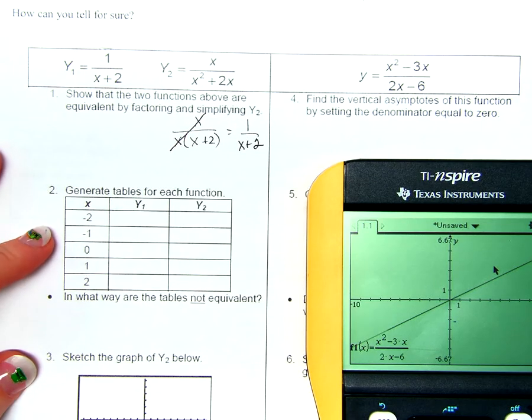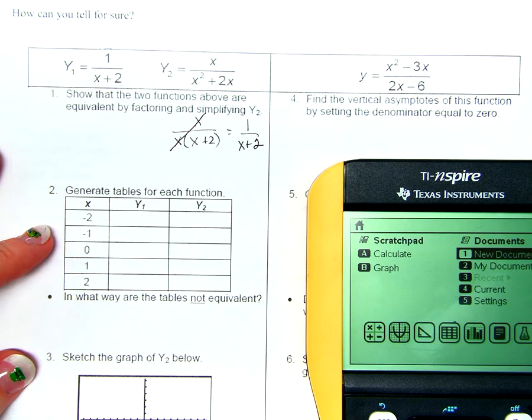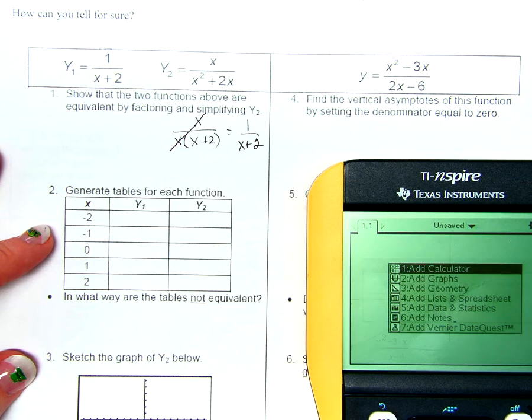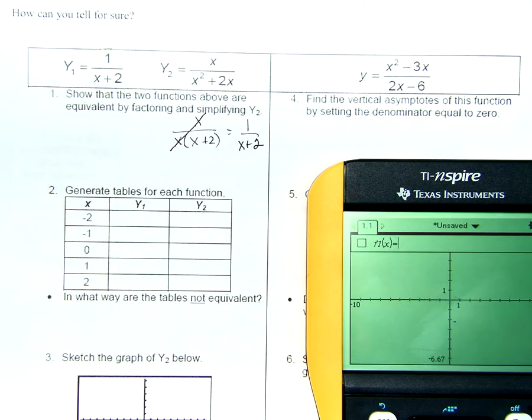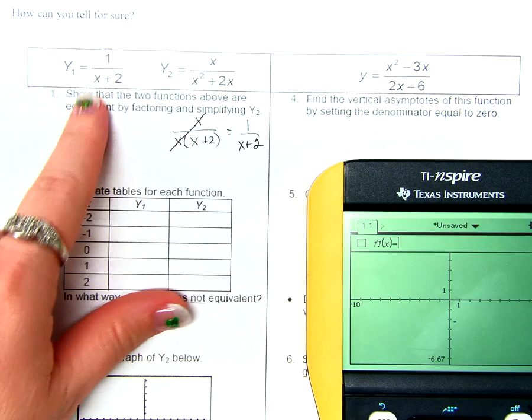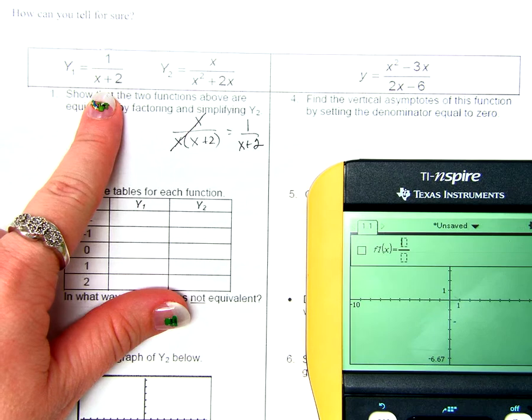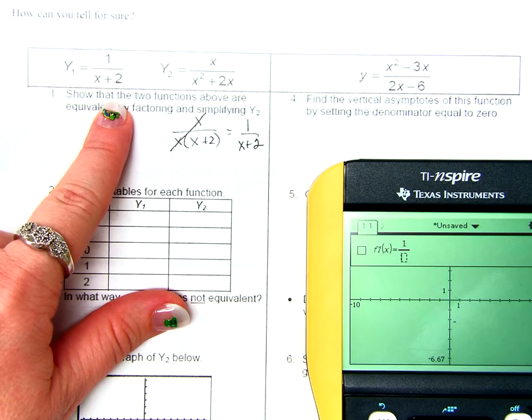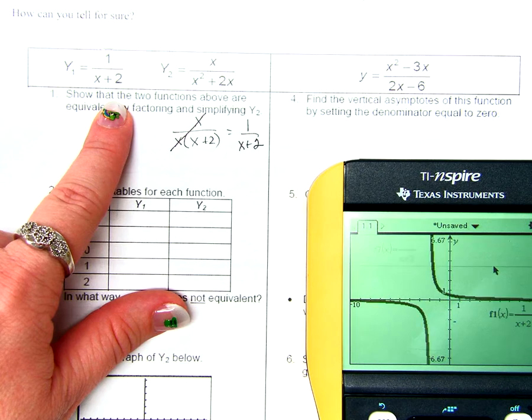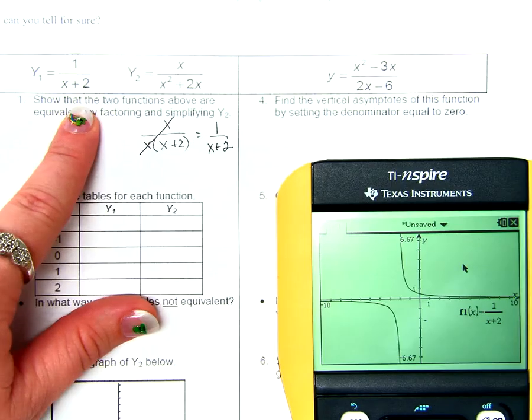So if I do a new document that's a graph, no, I don't want to save my old one. In y sub 1, I want to have my fraction, so control divide, 1 over x plus 2. Okay? So there's that one.